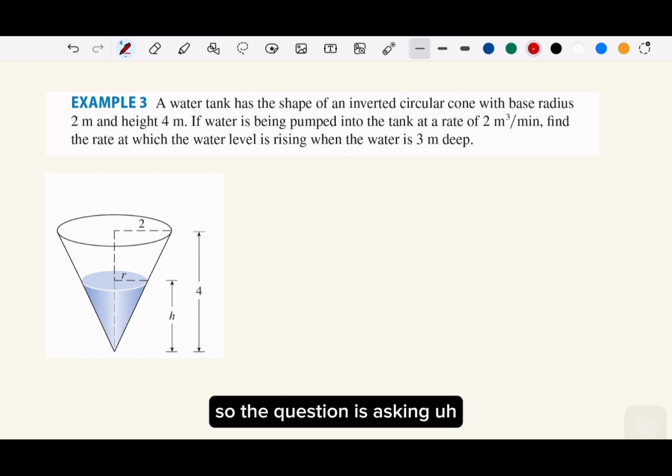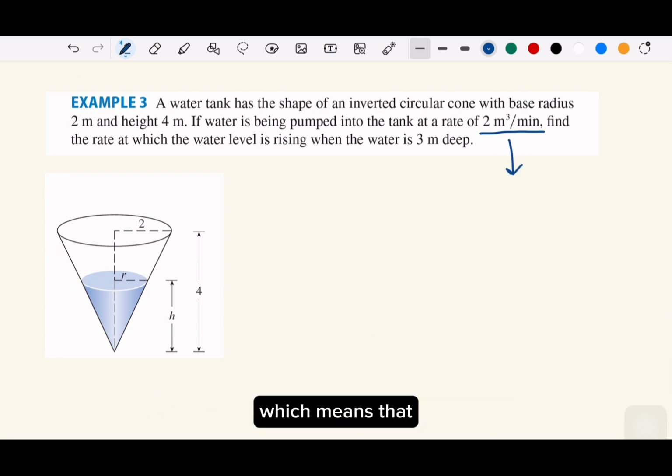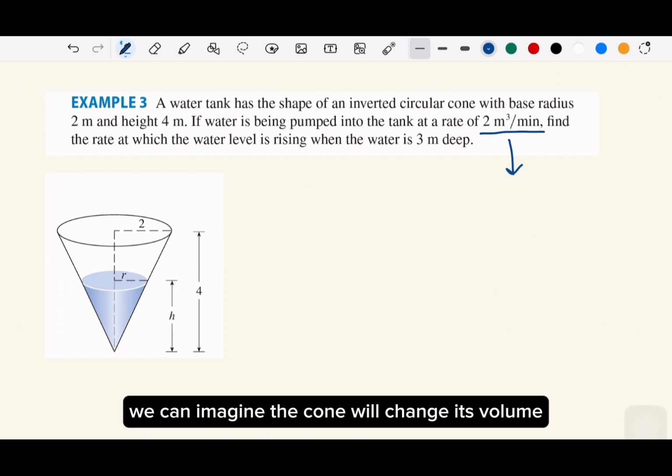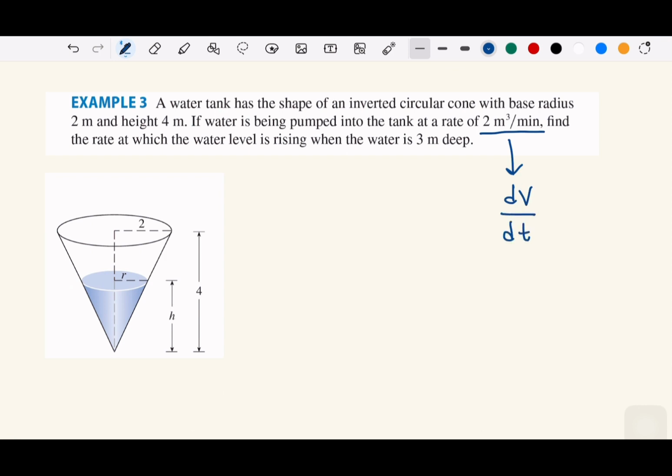So the question is asking, or perhaps let's see this 2 meters cubed per minute. So the water is coming into the cone, right? Which means that we can imagine the cone will change its volume. So this is the volume change, or the rate of volume change.